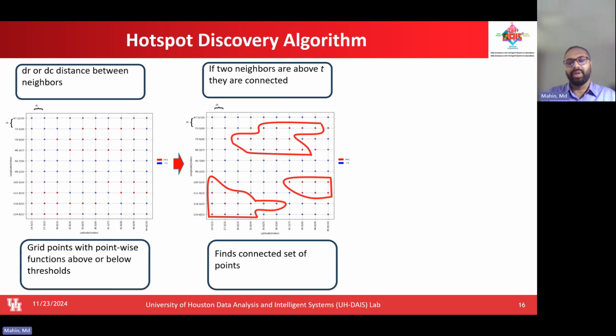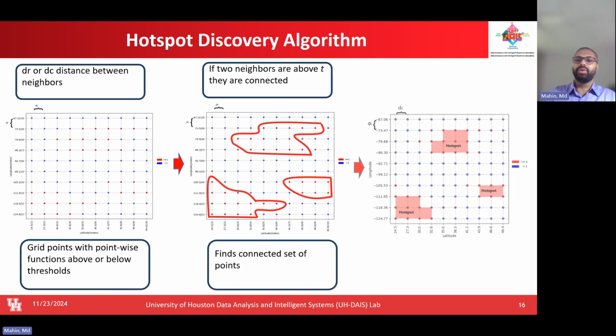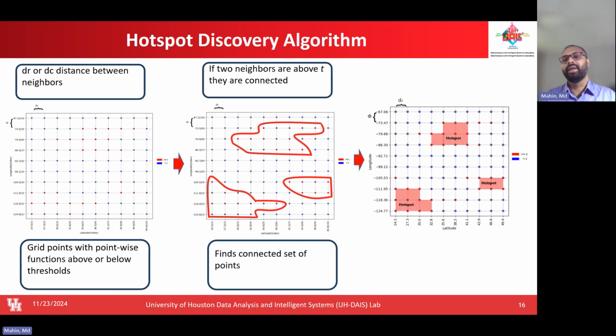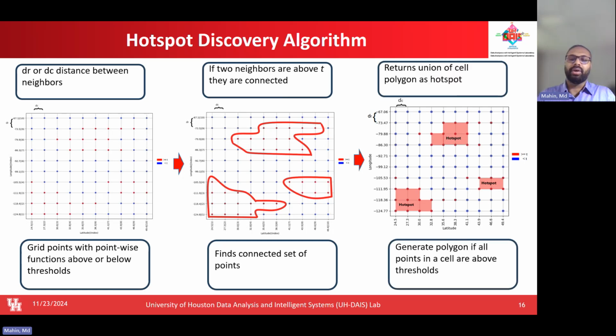Connected points are those where two neighbors are above threshold T. Now if we find hotspots this way, the shape can be very irregular and spaghetti-like, and sometimes it would be impossible to find agreement. So what we do is find street hotspots, where all cells from a certain area are above the thresholds. This way the hotspot generated returns all these cells as a single hotspot.